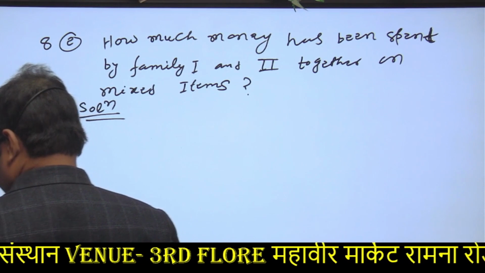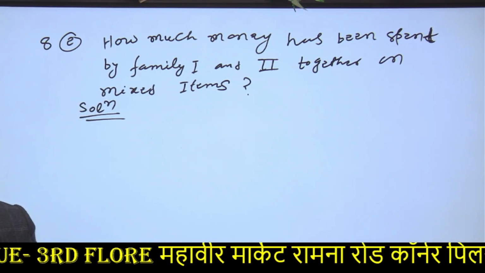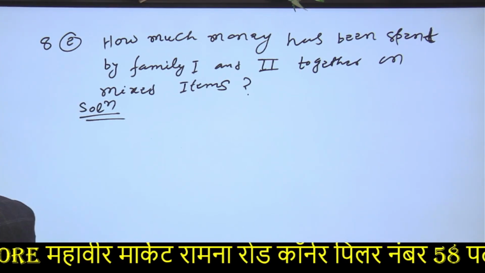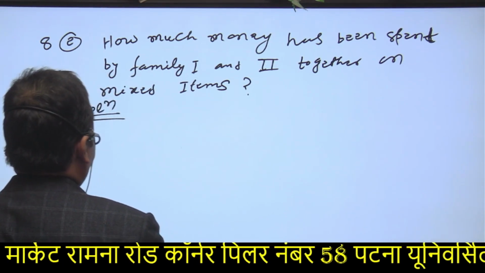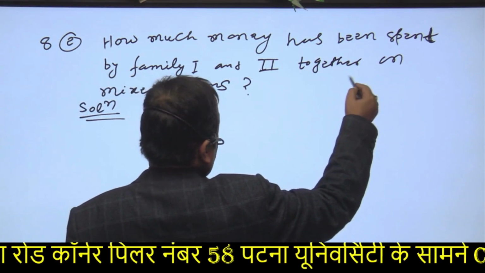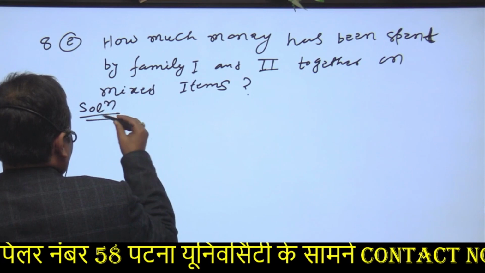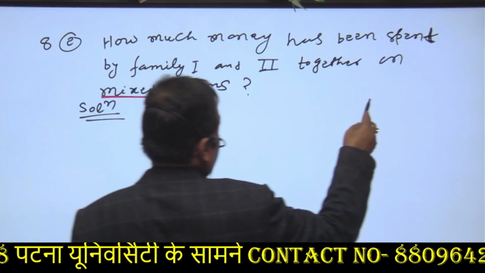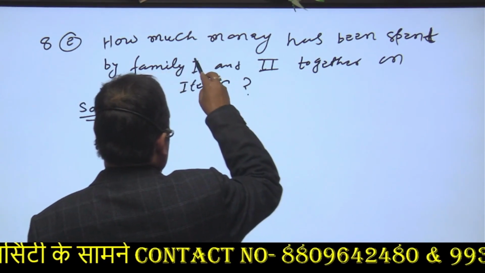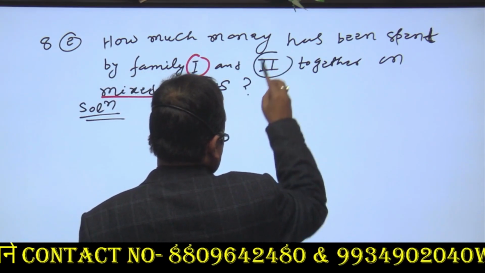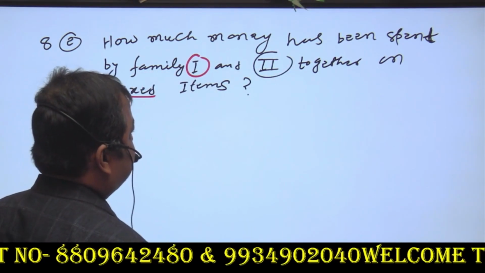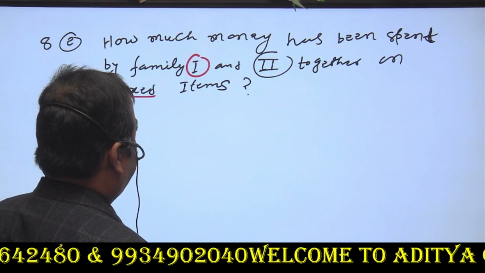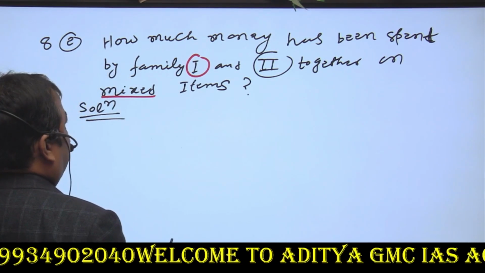Same technique is used. Total mixed item: family 1 mixed item, family 2 mixed item, and then last together in combined form. This is the required answer.